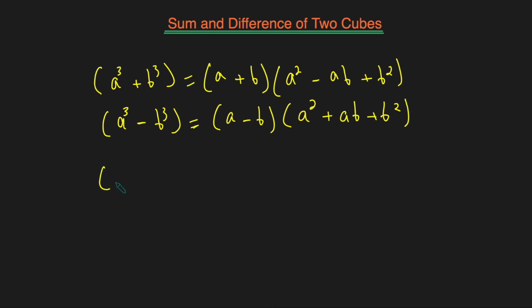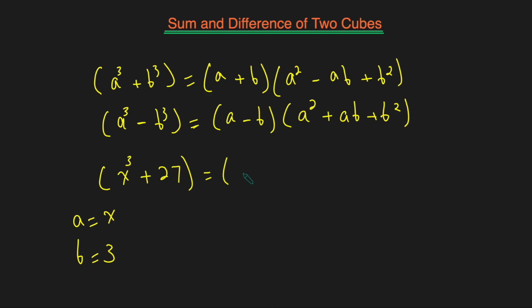Let's say we have x cubed plus 27. So first thing, I want to find out what my a value will be: x, and my b value would be 3. So 3 cubed will give me 27, or the cubic root of 27 is 3.